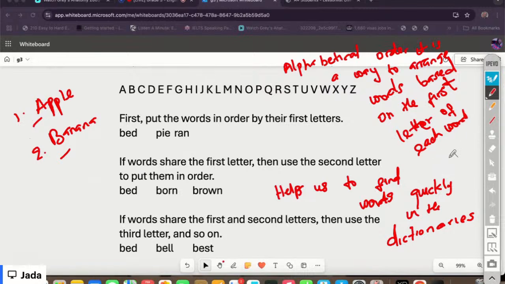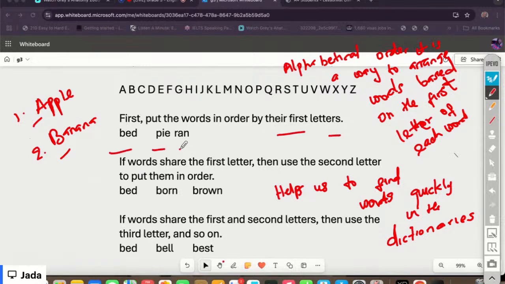All right, so you can see that it also helps us to find words quickly in the dictionary, or if we have a list of words and you have to find the order, because you know the alphabetical order, then of course it will be very easy for you to find the list.